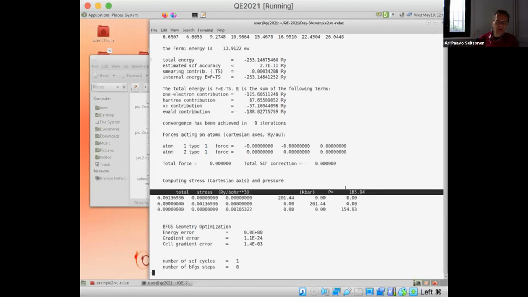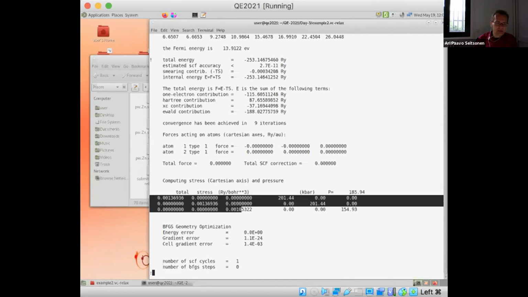Actually, it already shows the isotropic one, so that's the trace, and that already gives you an idea if it's a very large one, like here. This value is in kilobar.